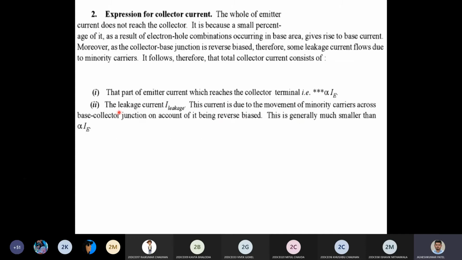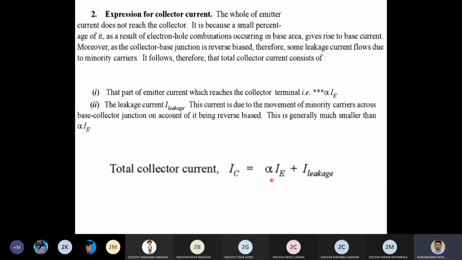Along with that, the leakage current, I leakage, this current is due to the movement of minority carriers across the base collector junction on account of being reverse biased. This is much smaller than alpha IE. So the total collector current IC is alpha IE plus I leakage.